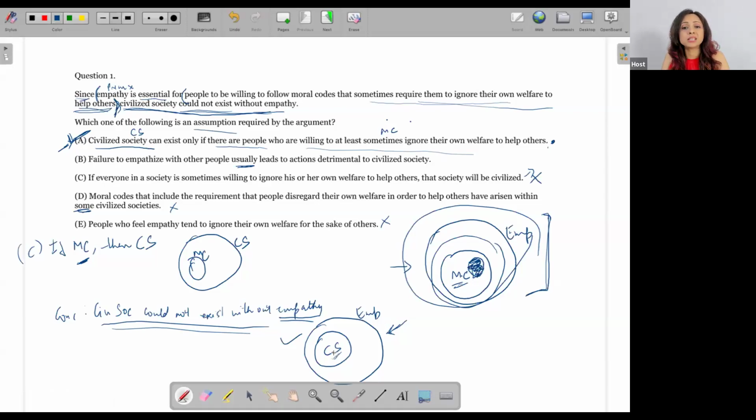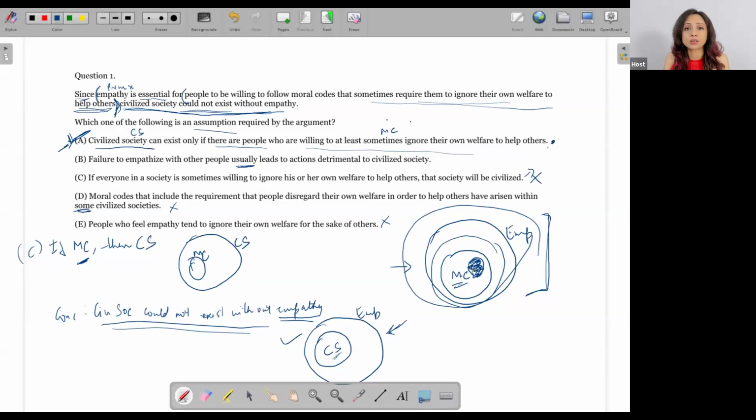But if I put the CS circle also inside MC, then automatically the CS circle is inside the empathy circle. And I know that empathy is in that case necessary for a civilized society, for CS, right? So by using Venn diagrams, you can diagram the relation that is given to you, and you can very easily figure out what holds and what does not hold, or what is the data that you require, or where is the gap, for example. Does that make sense?